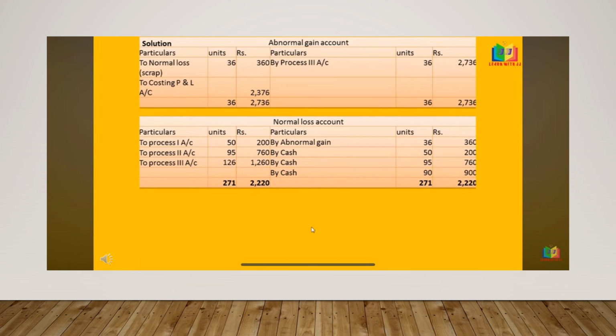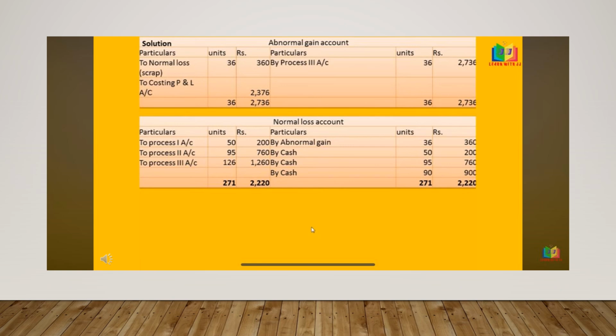To process 2 account, 95 units, 760 rupees. To process 3 account, 126 units, 1,260 rupees. And on the credit side, on the abnormal gain account, we have calculated a normal loss entry, right? So that need to be transferred. By abnormal gain account, 36 units, 360 rupees.